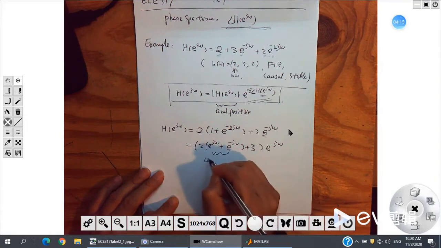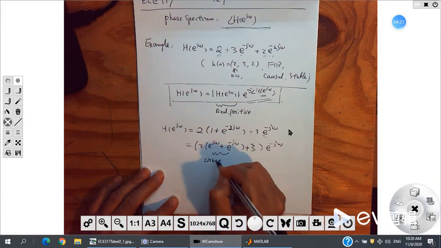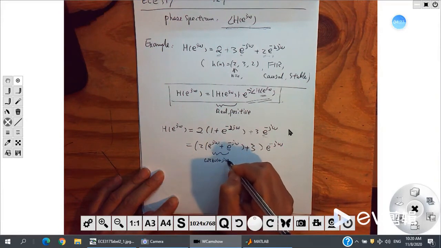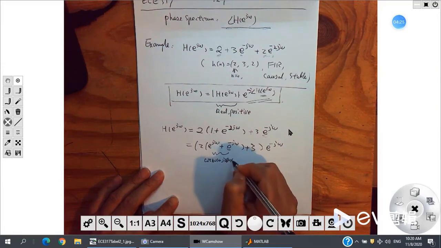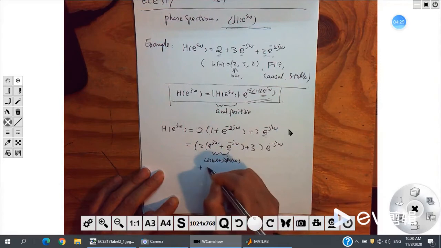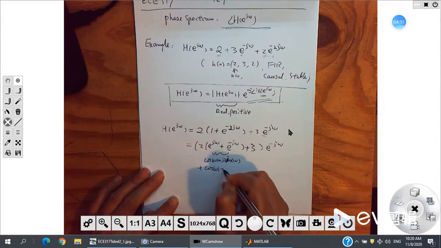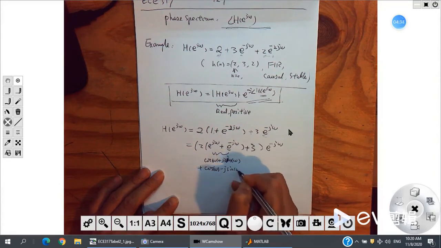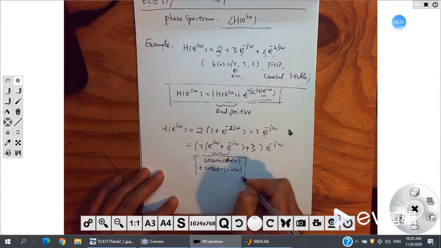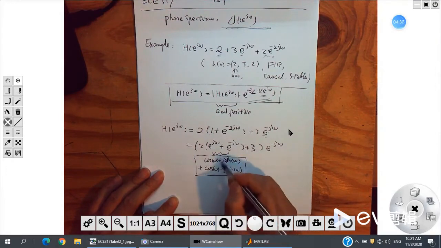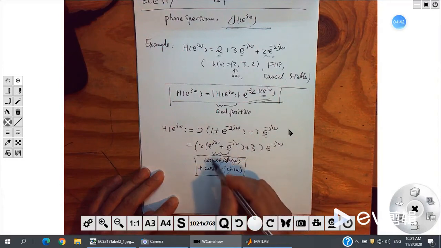Then this is cosine ω plus j sine ω, and plus cosine ω minus j sine ω. When you do the summation, these two cancel each other. So it is 2 cosine ω.